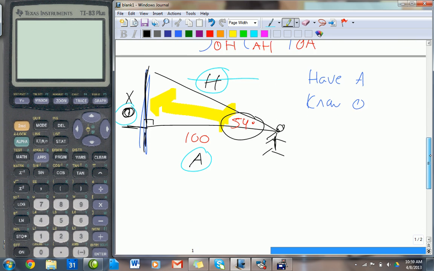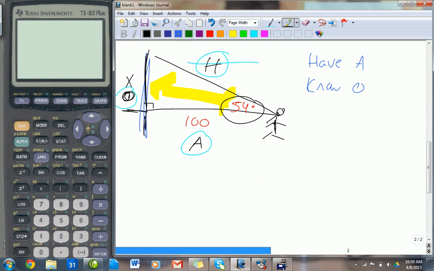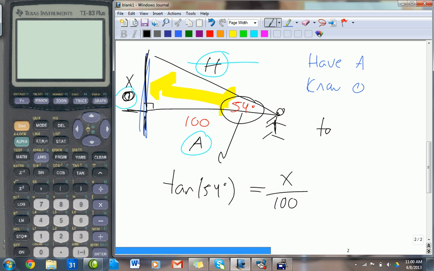So I'm going to set up this handy-dandy equation. Here's how I would solve that. The tangent of that 54-degree angle is equal to the ratio of x, which is what I'm looking for, over the adjacent side. Remember, tangent equals opposite over adjacent. In this case, my opposite side is what I'm looking for, and the adjacent side is 100.